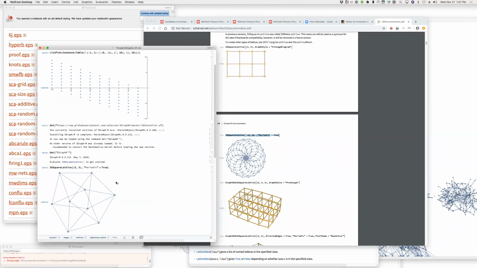It's a mess. Why, that looks like a hypergraph? Okay, I have the code for doing it.